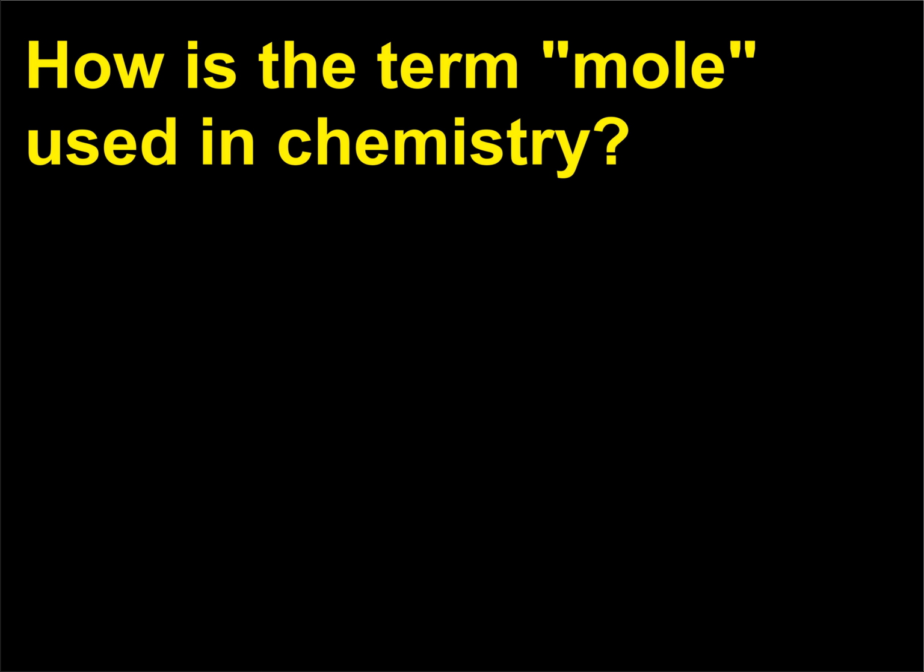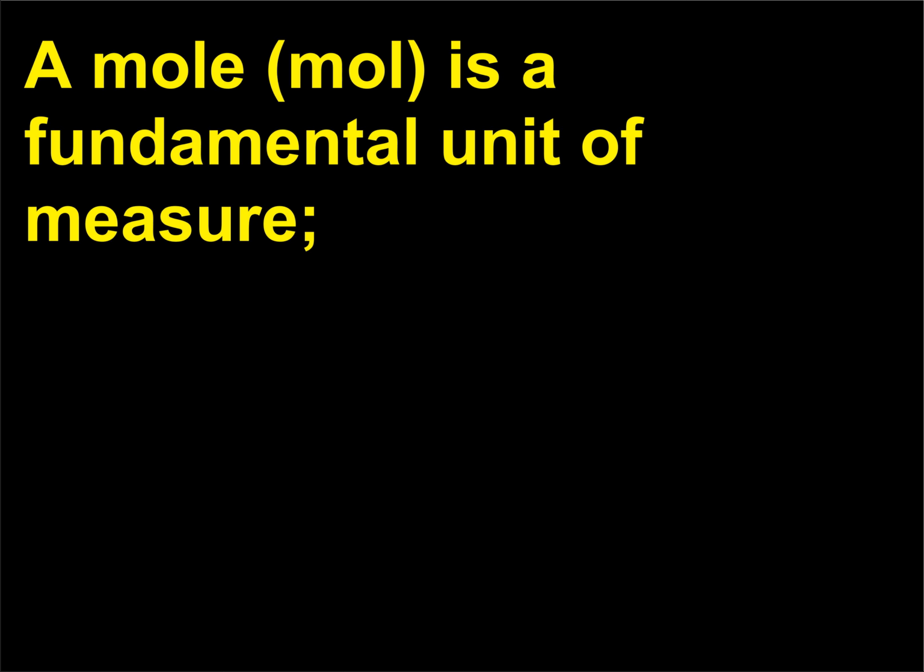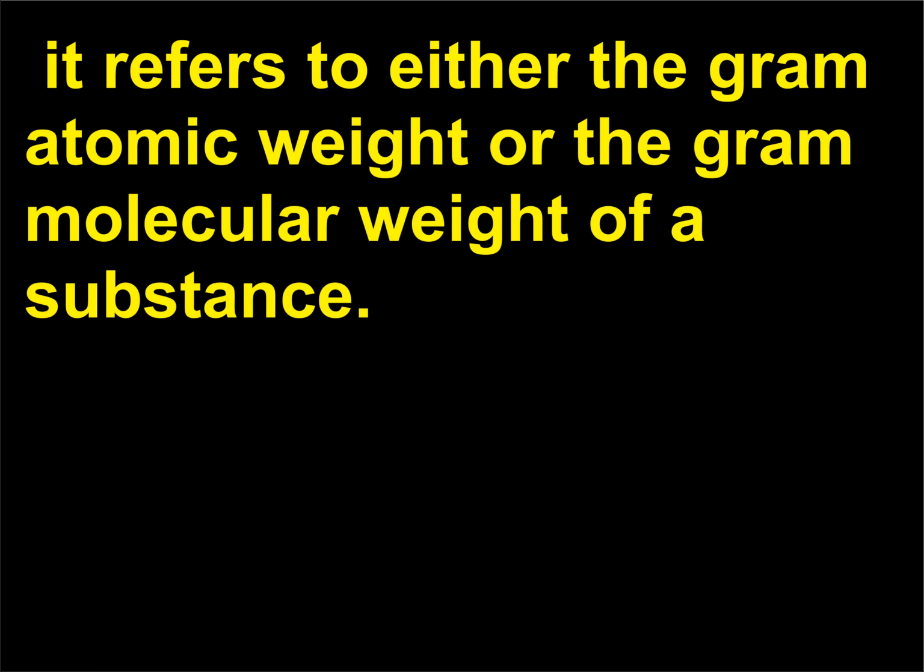How is the term mole used in chemistry? A mole is a fundamental unit of measure. It refers to either the gram atomic weight or the gram molecular weight of a substance.